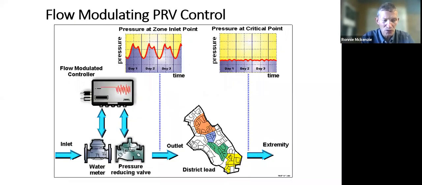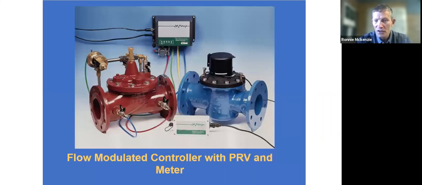So if you use a flow control, you can see here, we're going to have a variable pressure going into the zone. And at the critical point, we expect to get a very stable pressure. You need to connect the controller to both the meter and the PRV. So both meter and PRV have to be reasonably close to each other, and they both have to be working.